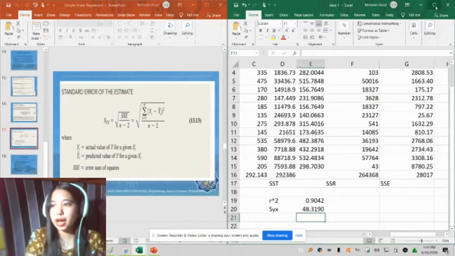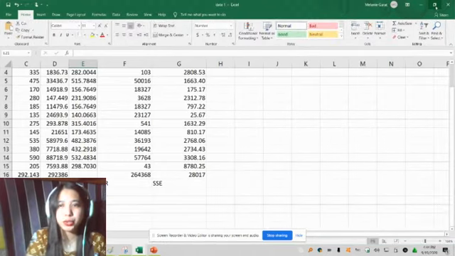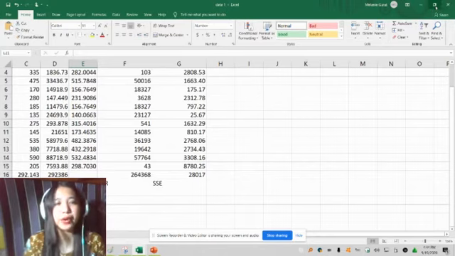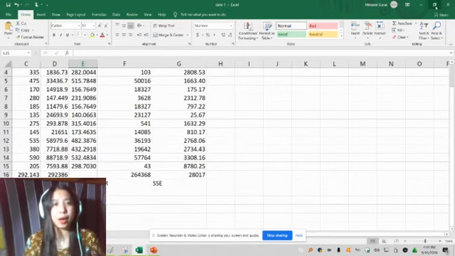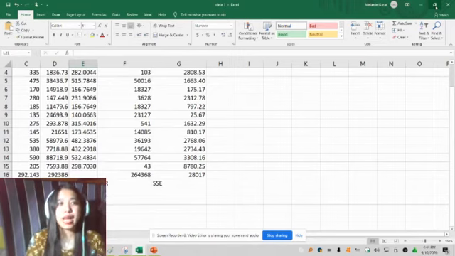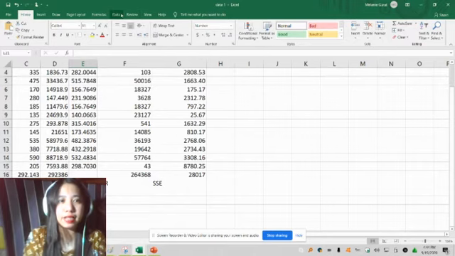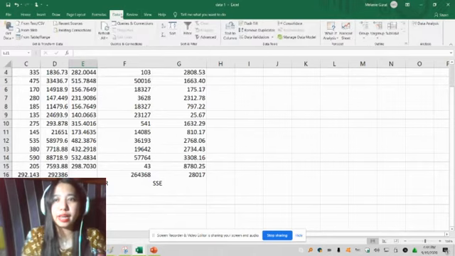Okay, so we can actually generate this also using Microsoft Excel. So last time what we used is the scatter diagram for us to come up with the formula. So aside from doing that, we can also use data analysis in Microsoft Excel. So you can find data analysis here. So you click the data and there is the data analysis.